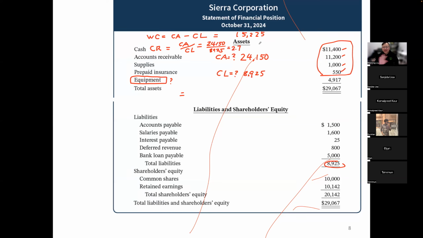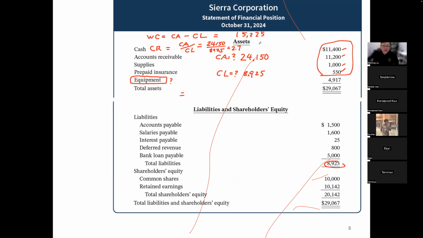Okay, are we okay with this one? The calculation of the liquidity ratio? Now tell me, is this a good one or a bad one? What can we say about this company? We can say this is a good liquidity ratio or a bad liquidity ratio.